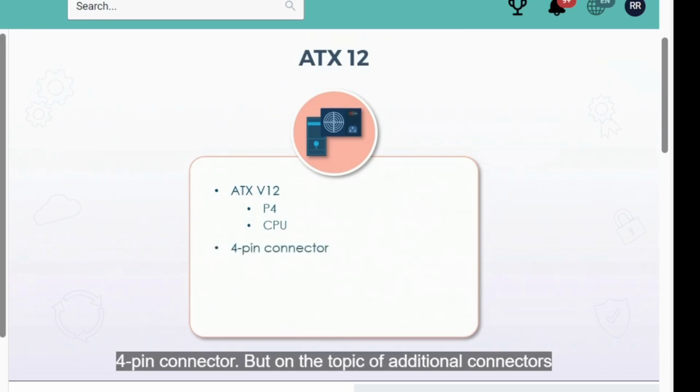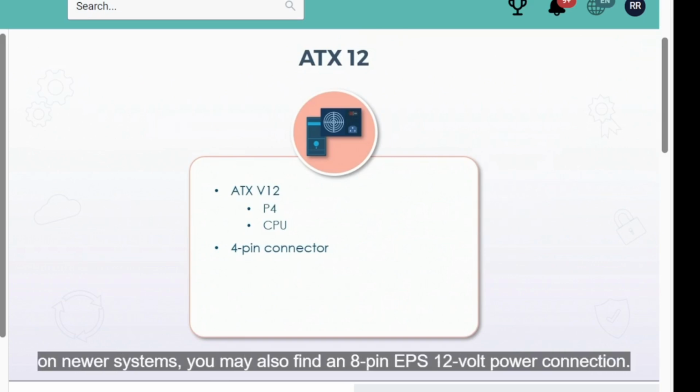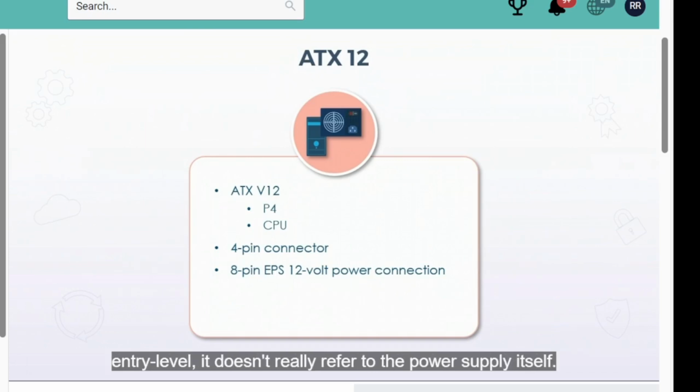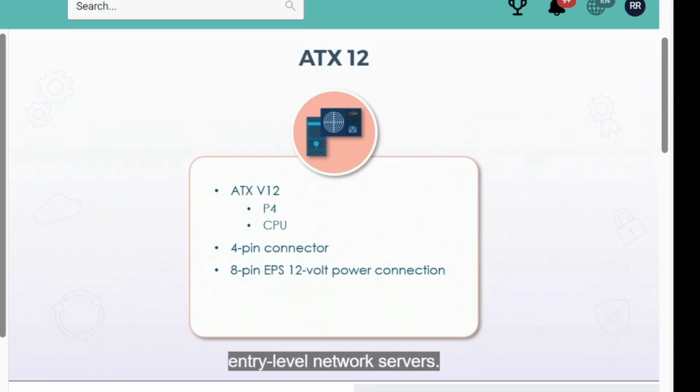But on the topic of additional connectors, on newer systems you may also find an 8-pin EPS 12-volt power connection. Now EPS stands for entry-level power specification, and despite the term entry-level, it doesn't really refer to the power supply itself. Rather, you might find these in more demanding systems such as entry-level network servers.